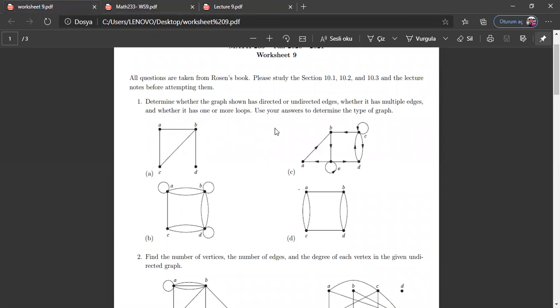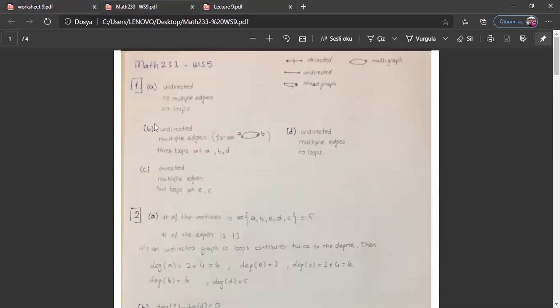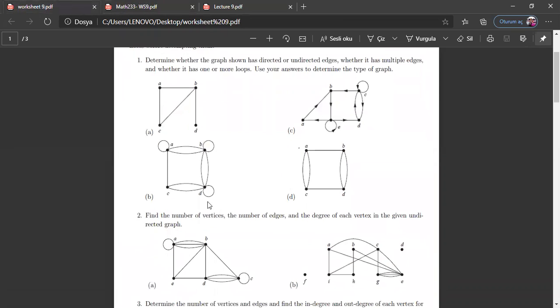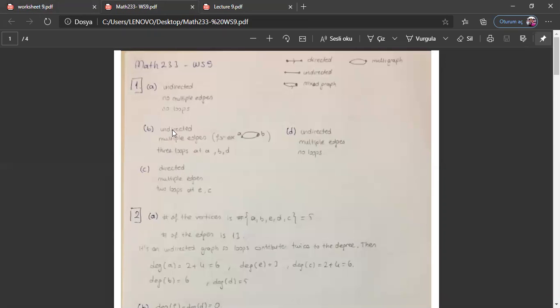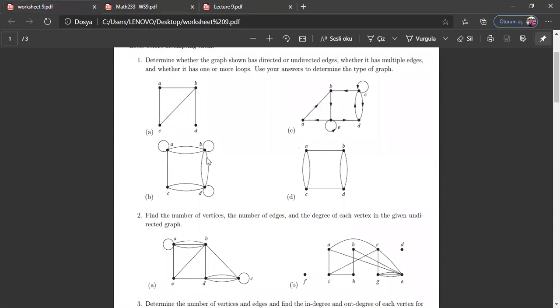And what about B? Here we have this graph. We see it's again undirected, because all edges look like this. For example, from D to B or from B to D, there is no direction.